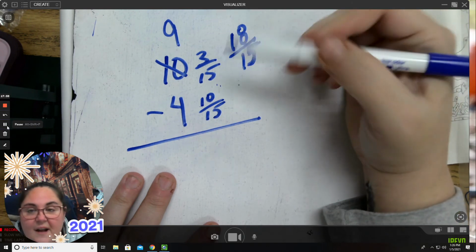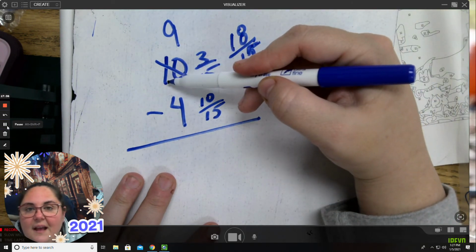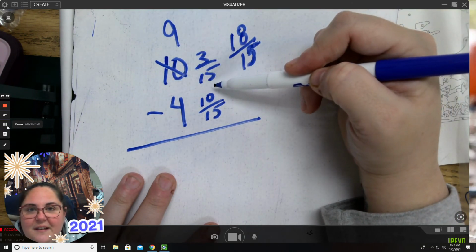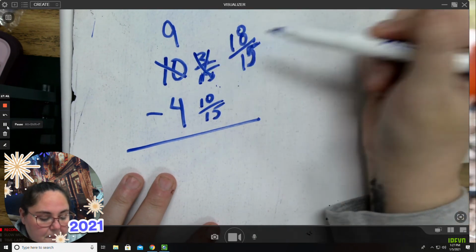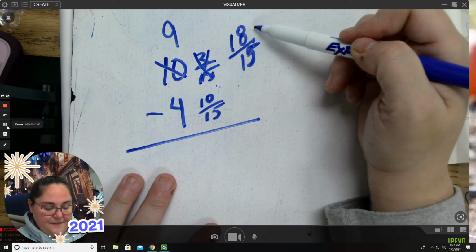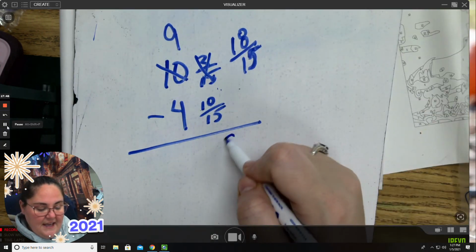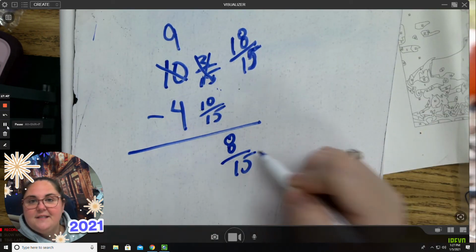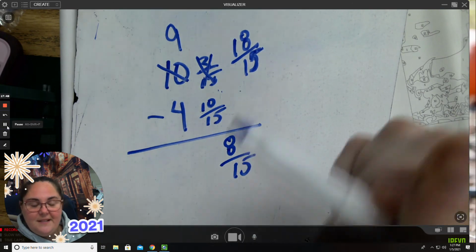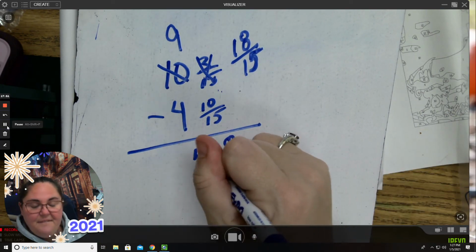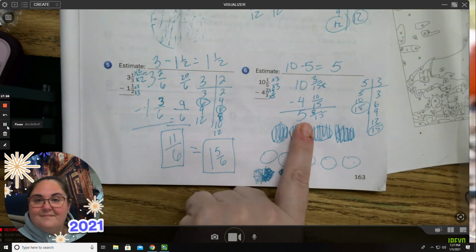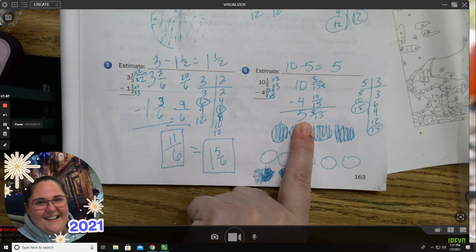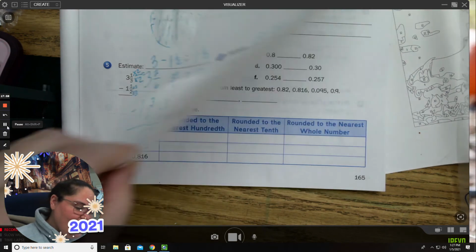I subtracted a whole, added to my numerator, and my denominator stays the same. 18/15 minus 10/15 is 8/15. And 9 minus 4 is 5. We did it right. That's how you would do that question.